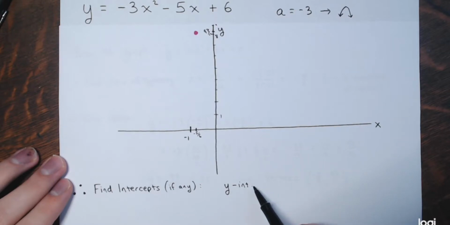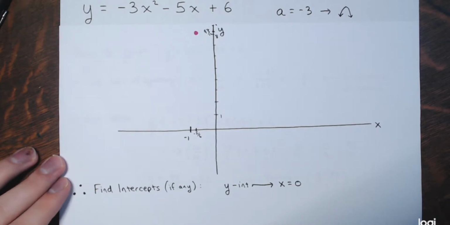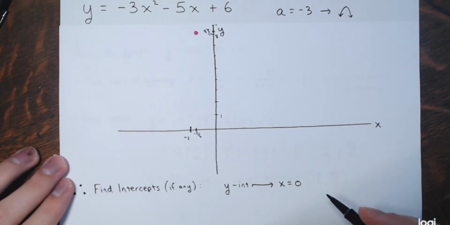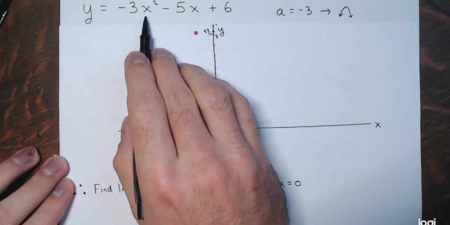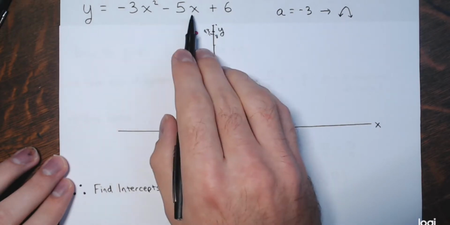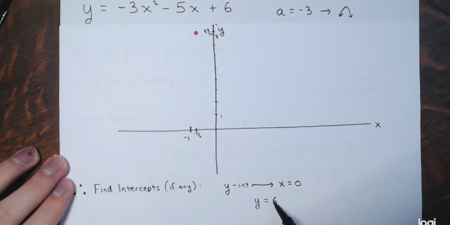Remember, for the y-intercept, you plug in x equals 0. If you're on the y-axis, the x is 0. So you get y equals negative 3 times 0 squared minus 5 times 0. Basically, any term with x in it would disappear, and you'd have 6. y equals 6, so the ordered pair is 0, 6.